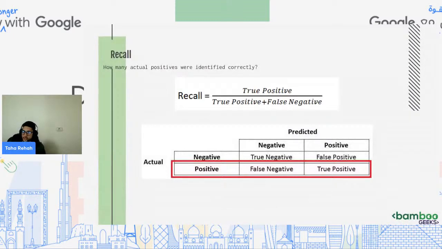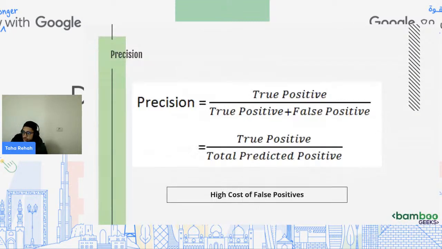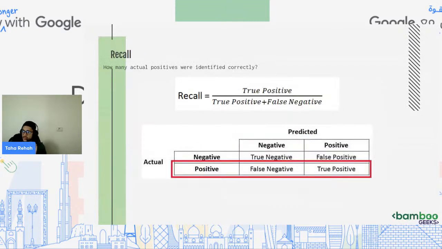Instead, in precision, I took the true positives out of true positives and false positives only. But in recall, I'm taking the true positives and the false negatives. So I'm asking the confusion matrix to give me how many actual positives I have, and they were identified correctly by the model.